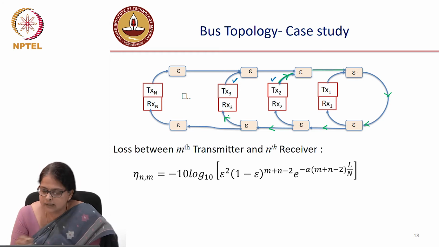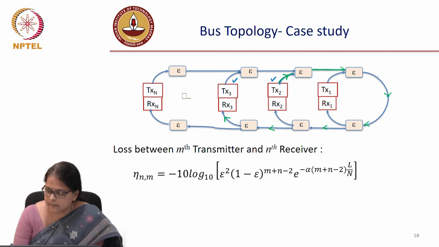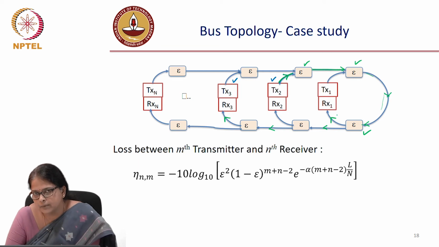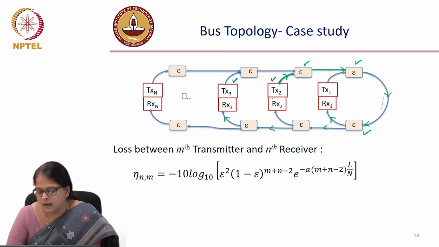Okay. How does a connection between transmitter 2 and transmitter 1 get made? From transmitter 2, the transmitter 2 actually sees 3 couplers before the data can get dropped to transmitter 1. That is a very short path. Whereas between transmitter 2 and transmitter 3 is actually a long path.